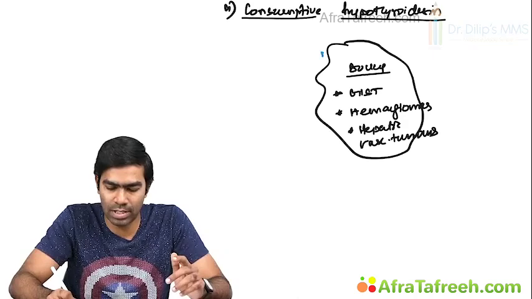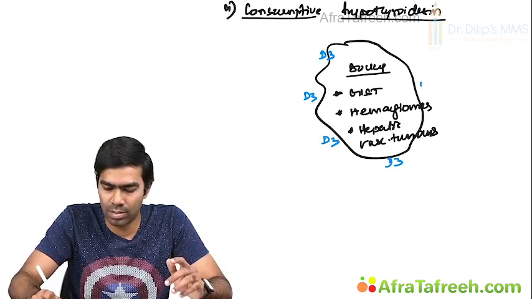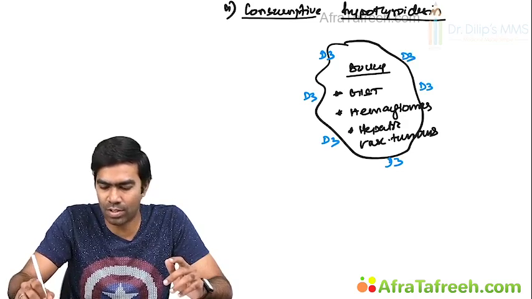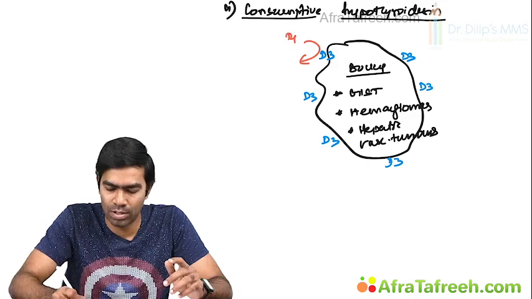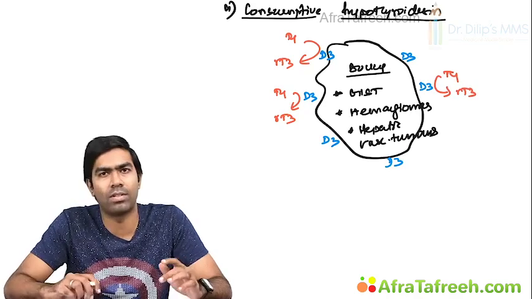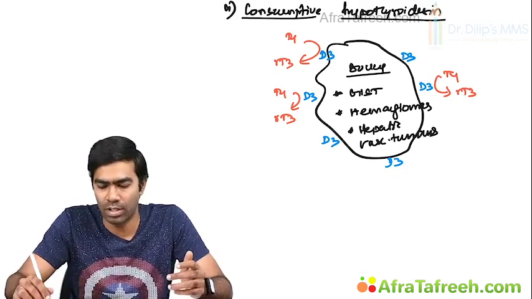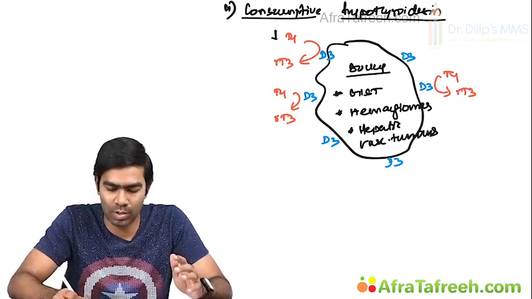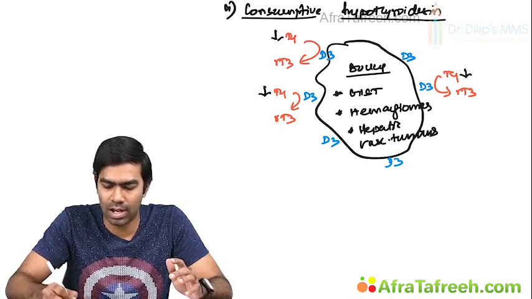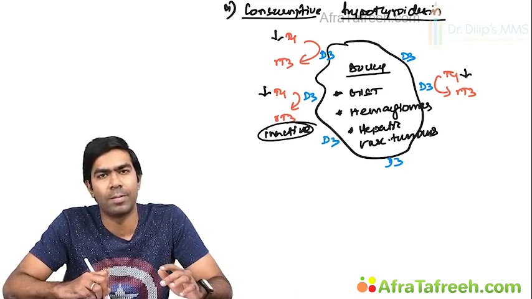How? Because they secrete a lot of D3 deiodinase. We know what the function of D3 deiodinase is. They are going to produce reverse T3, which means they are going to inactivate thyroxine and triiodothyronine. Thyroxine to reverse T3 and T3 to DIT, isn't it? So your T4 levels are going to drop drastically and inactive forms are going to increase, like reverse T3, right?